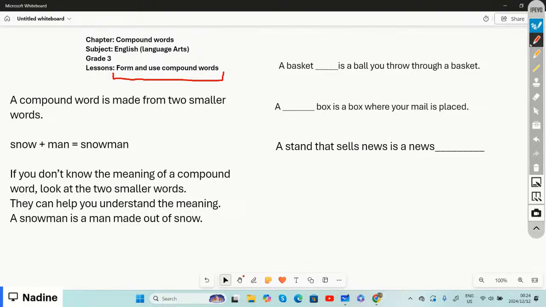All right, so basically, I'm going to underline important things. In a basket is a ball you throw through a basket.